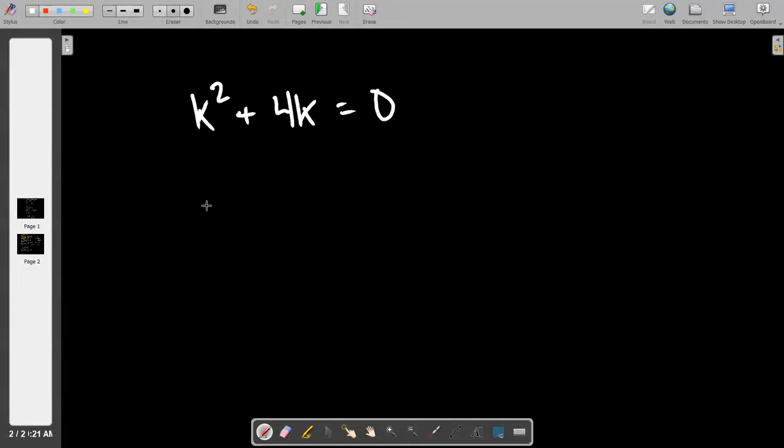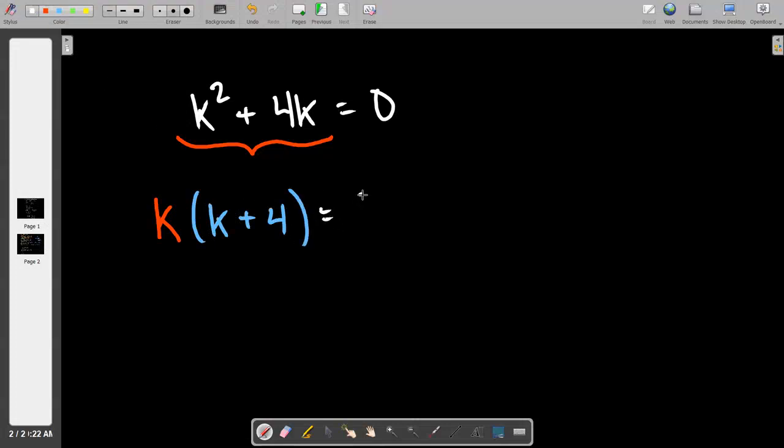So we're going to pull out a greatest common factor of what? Remember, we're factoring this. What's the GCF? So I'm going to pull out K, and that leaves behind... Good.